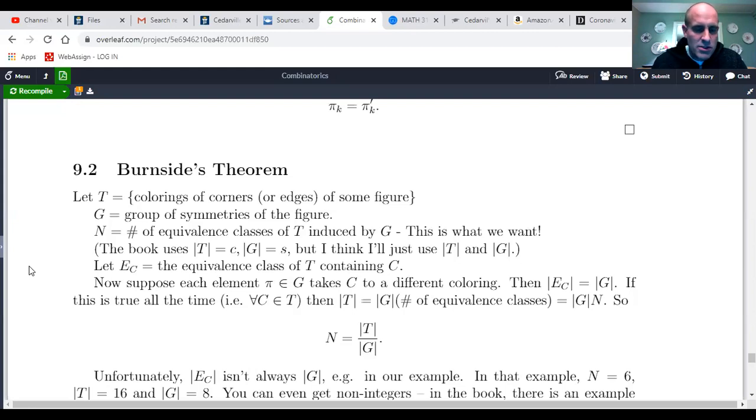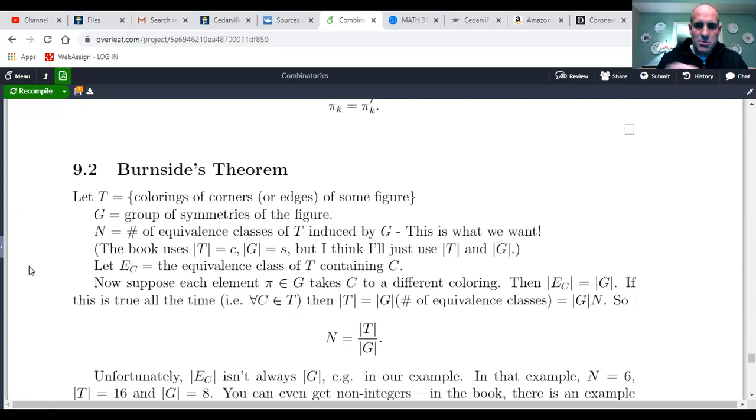And that has to be all I could possibly do. The equivalence class of C can't be any bigger than the group itself, because once I apply all the permutations to one coloring and I get everywhere that I possibly can, I'm not going to get new places by going to other colorings.